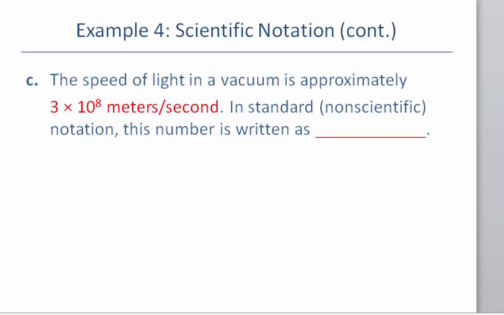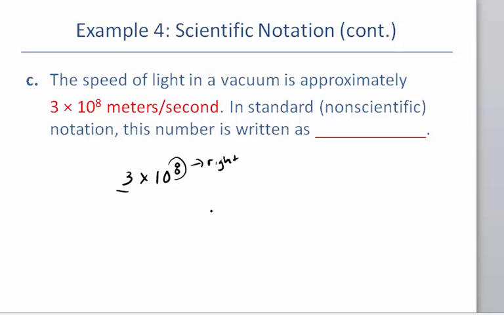Our third example says the speed of light in a vacuum is approximately 3 times 10 to the 8th meters per second. In standard notation, this number is written as, let's figure out what this number is out of scientific notation. Remember that a positive exponent means we're going to move to the right.